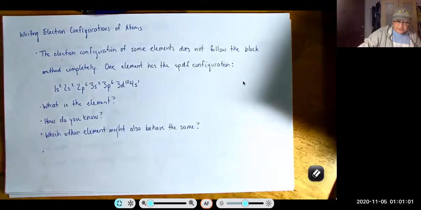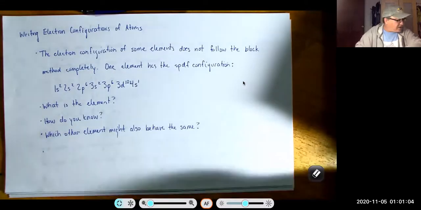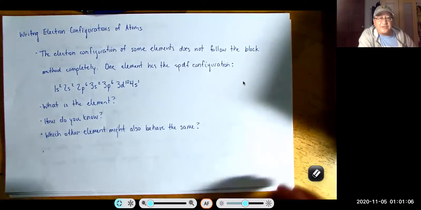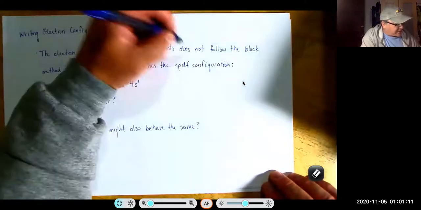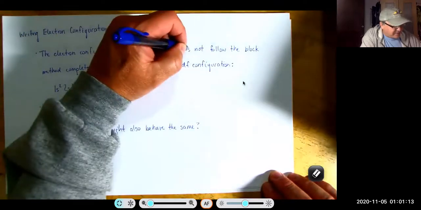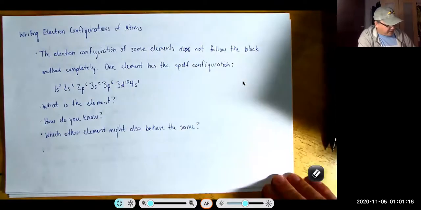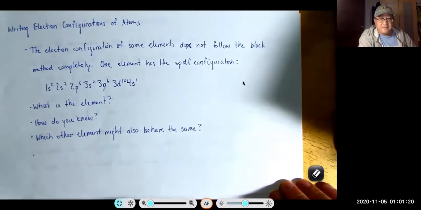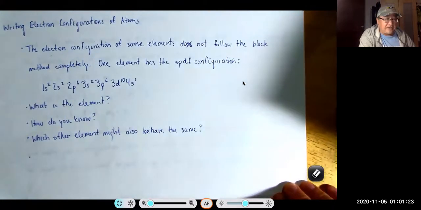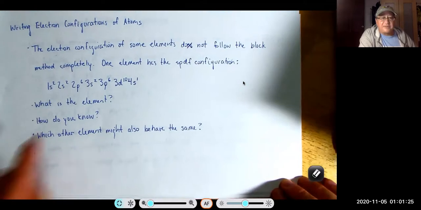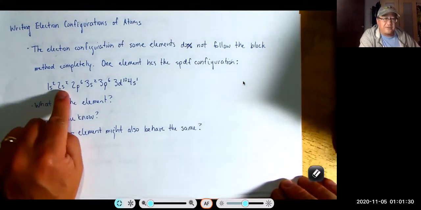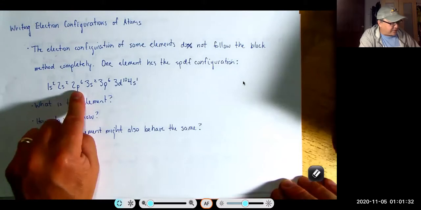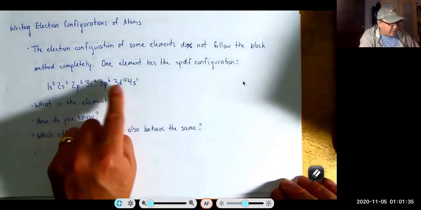So when we read through this, we see that the electron configuration of some elements does not follow the block method completely. They follow it for the most part, but not completely. So the question here is, this is one of those elements that doesn't follow it completely. We get 1s2, 2s2, 2p6, 3s2, 3p6, 3d10, 4s2.